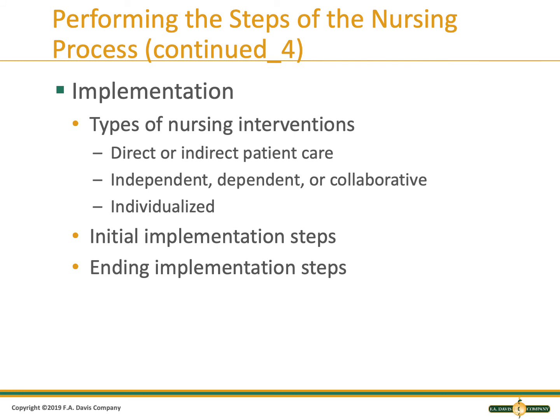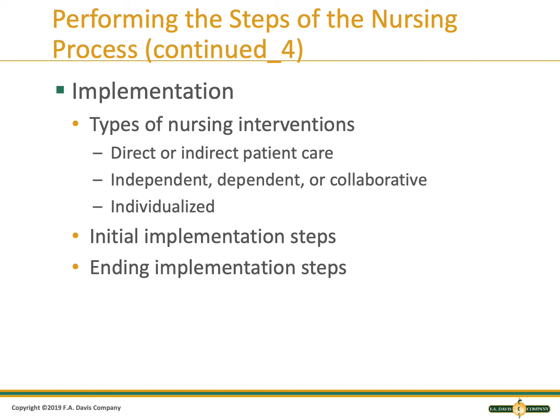Whereas indirect patient care is when the nurse provides assistance in a setting other than with the client. So in other words, they're still working for the client, but they're doing things like maybe documenting or taking new orders on the patient from the doctor, but it's not directly with the patient.